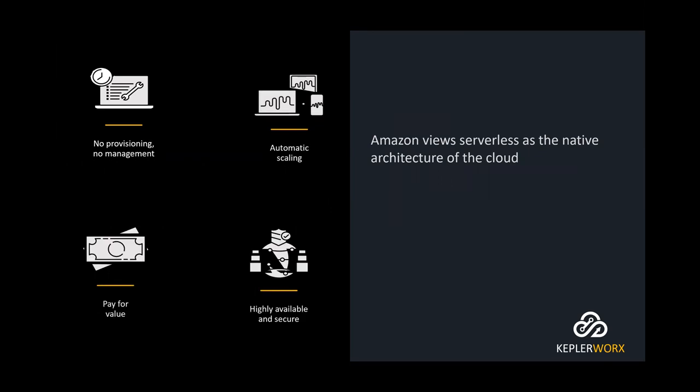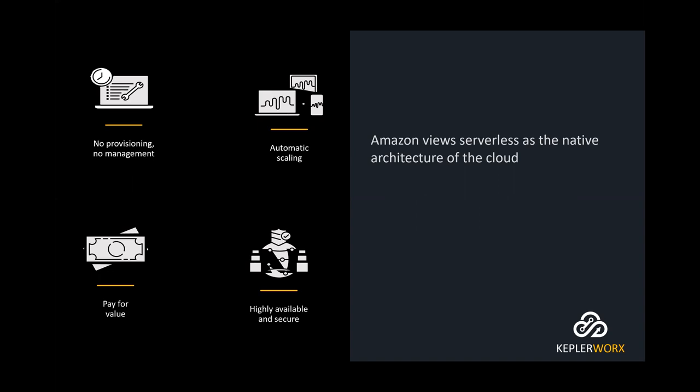Amazon views serverless as the native architecture of the cloud for many benefits, like no provisioning and no management. It's almost no management because you don't have to worry about managing any servers, any load balancer, any performance bottlenecks. Also, it's automatically scaling for you.